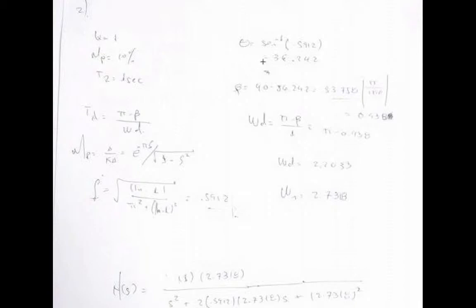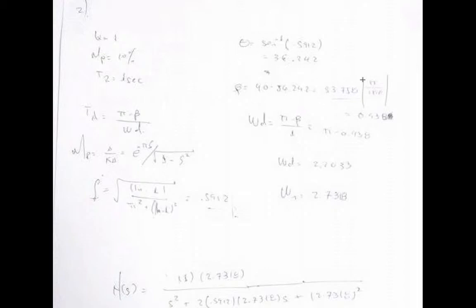Then we calculate the theta with the sigma. So the theta is equal to 36.242. With the theta, we calculate the beta. The beta is equal to 90 minus the theta.